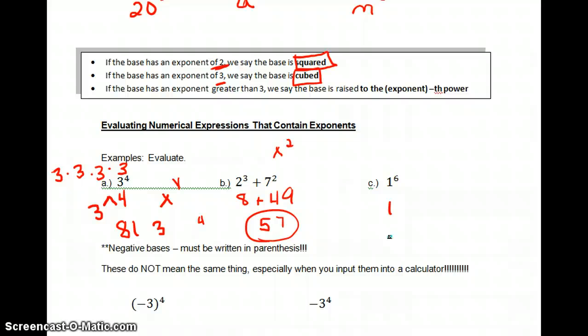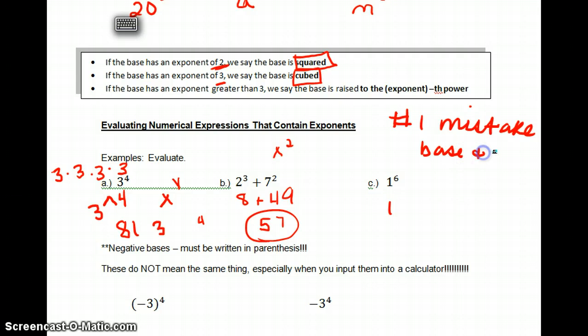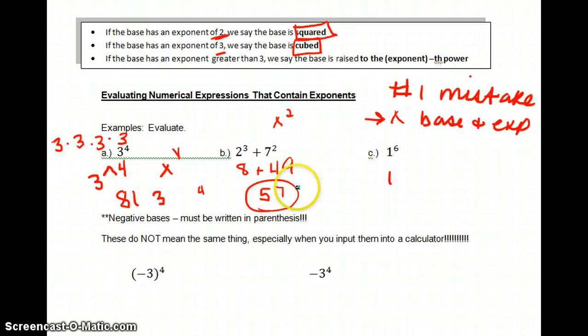The number one mistake that people make when solving exponential problems is that they multiply the base and the exponent. I can't make that any more simple, that's the number one mistake. Don't do it, okay?